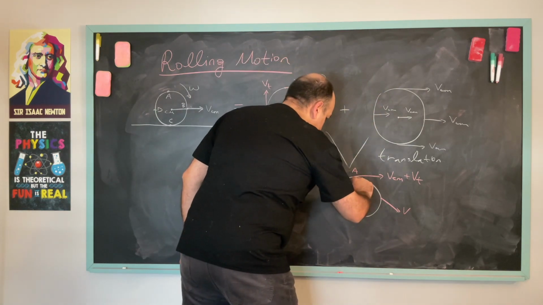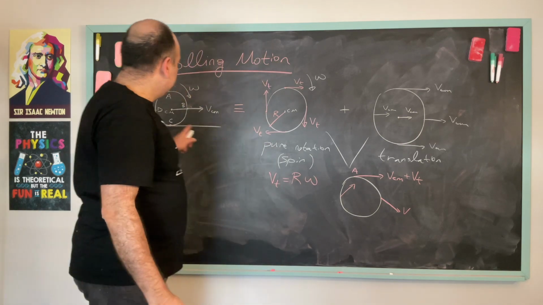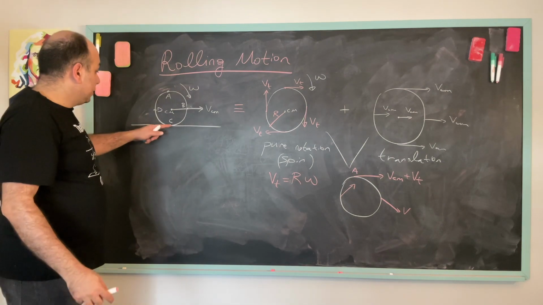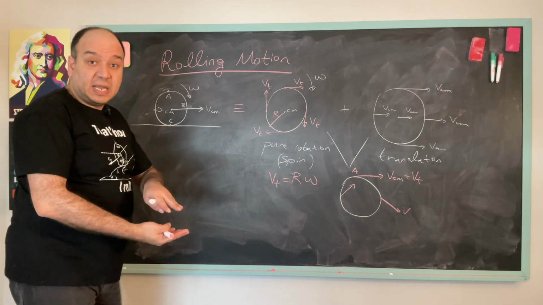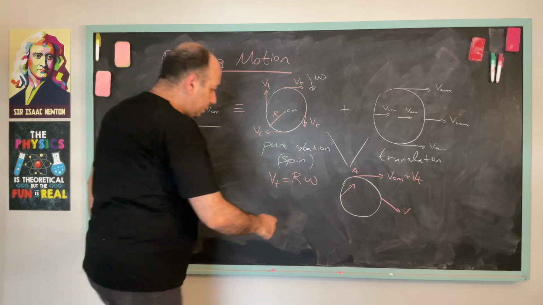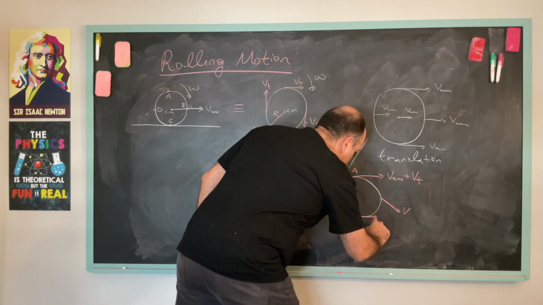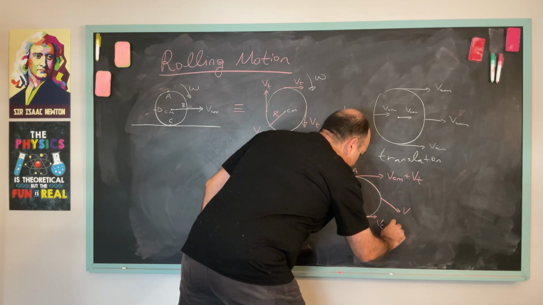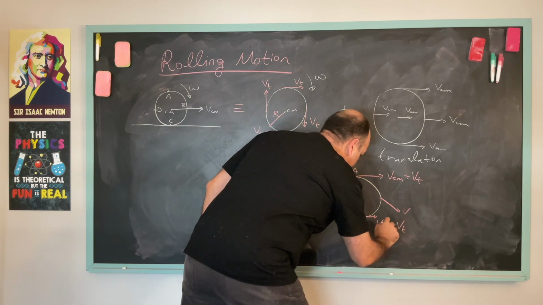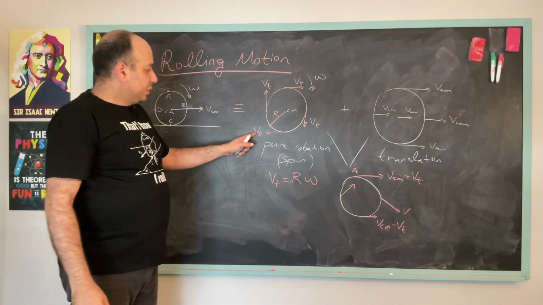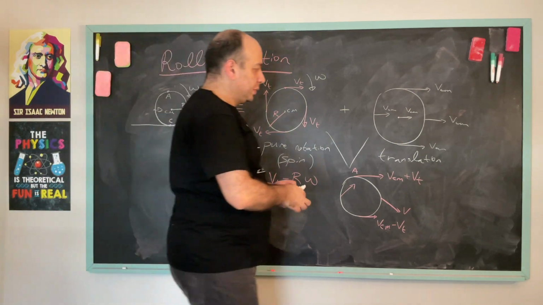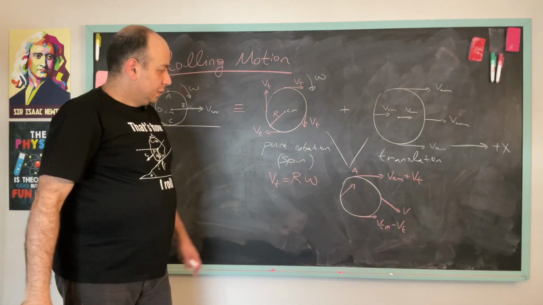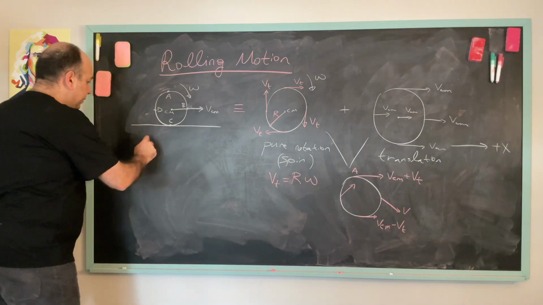And at point D, it's going to be like this. Point C is critical. Point C is sometimes called the point of contact because this point on the object is in contact with the floor. So at point C, the velocity would be v center of mass minus v tangential. Why minus? Because v tangential is pointing in the opposite direction, and I'm picking this direction to be my positive x. Okay, so now we have three cases.